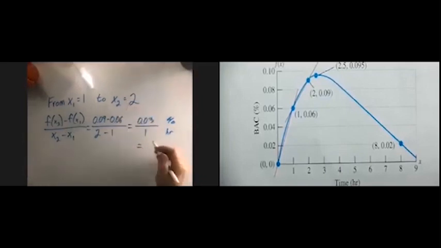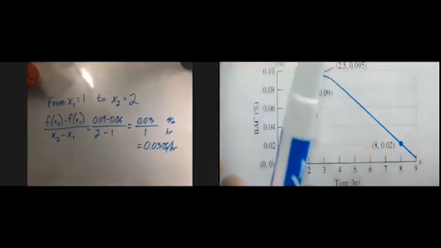So the average rate of change from x1 equals 1 to x2 equals 2 is 0.03% per hour. So it's less of an increase the second hour than it was the first hour. First hour was an average of 0.06%, second hour 0.03%.